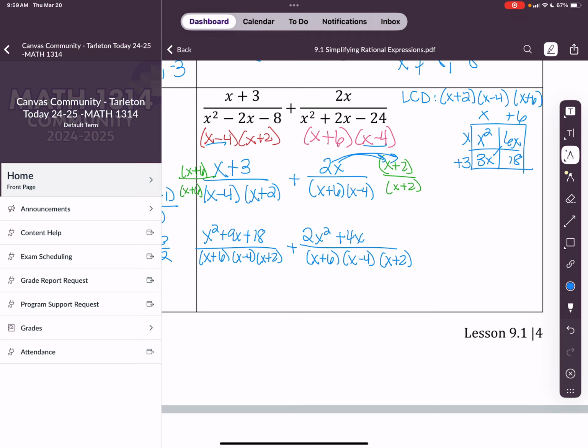All right, and so from here, we just combine like terms. So x squared plus 2x squared gives me 3x squared. 9x plus 4x gives me 13x, and then I have the plus 18. And it's all over x plus 6, x minus 4, x plus 2, where, we're almost finished, x does not equal negative 6, 4, or negative 2, okay?